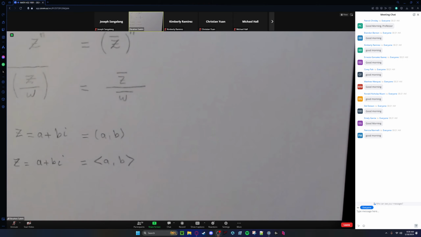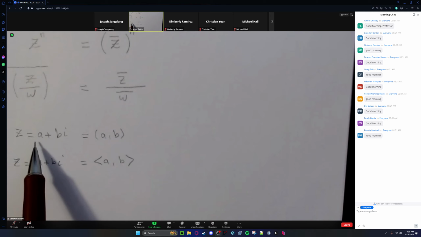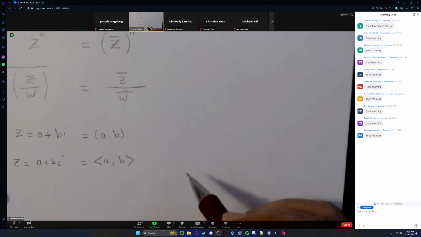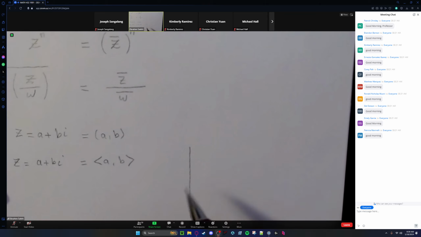And when you think about it as a point in the plane, every point can also have a polar representation. Here is the point z. Here is a and b, all right?